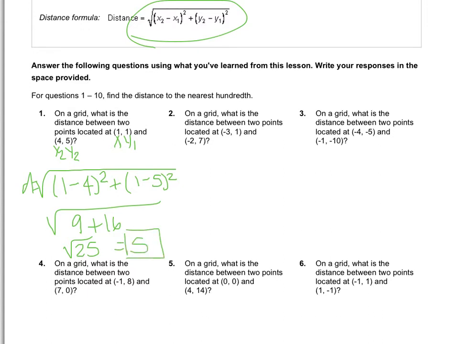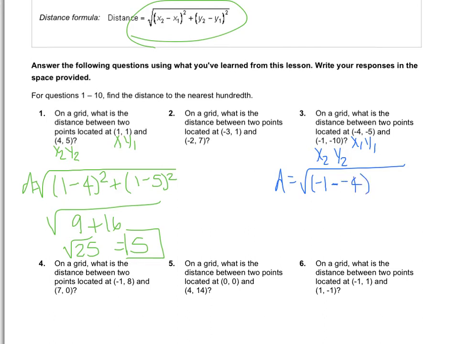Now, you can put this in your calculator, and that is completely fine. If you're going to put it in your calculator, just make sure you utilize your parentheses and keep the signs the way that they're supposed to be. So looking at number 3, I'm just going to go ahead and label x1, y1, and x2, y2. So the distance formula says that I take x2, which is negative 1, minus y2, and y2 is negative 4.